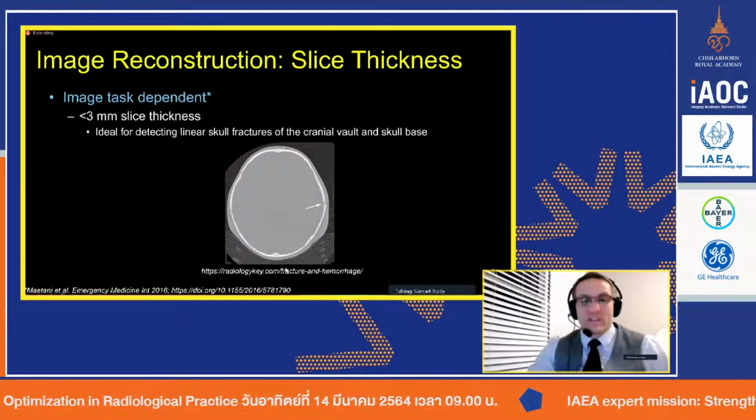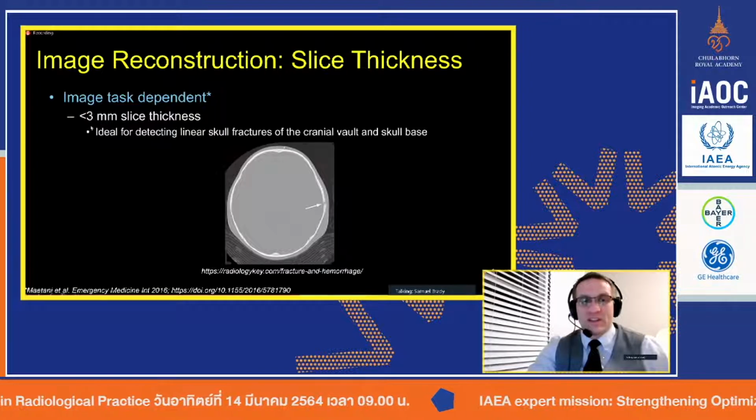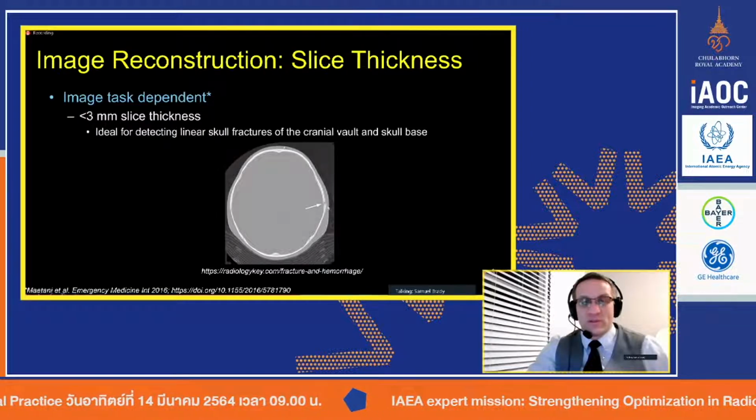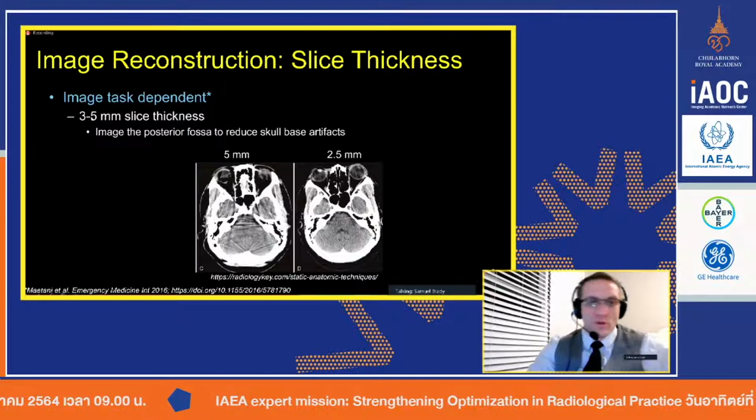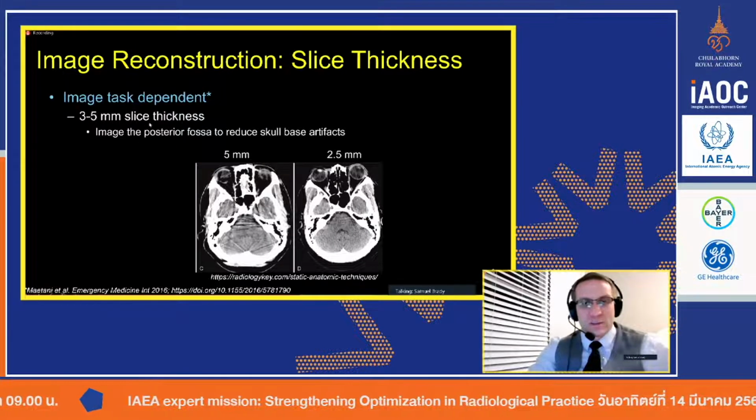So the time where you want to use thin slices in the brain is usually when you're looking for these fractures. So the next level up would be somewhere between 3 to 5 millimeter slice thickness.